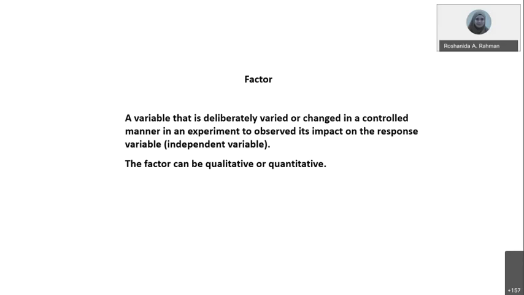If you want to conduct any study, in the first place you have to do a literature review. When you do a literature review, I believe you will find maybe 10 factors that affect the process.